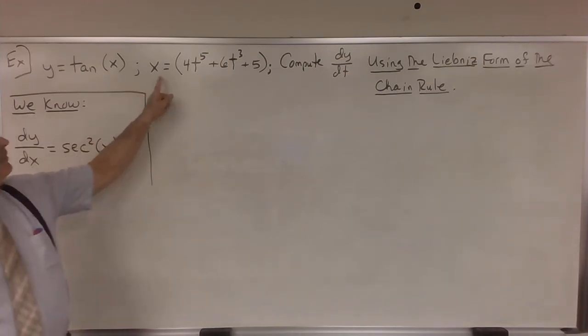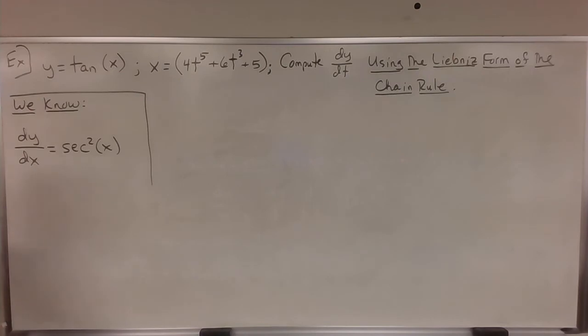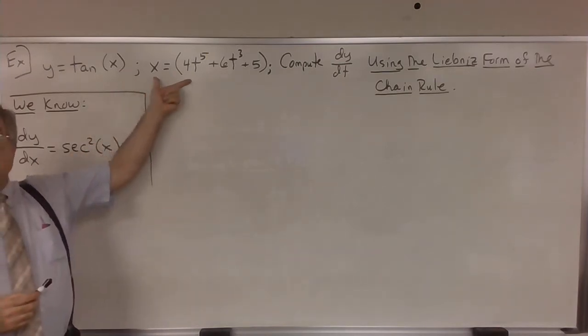Now, since x is a function of t, we can also easily deduce the derivative of x as a function of t. And the way we do that is we look at this equation and we compute the derivative of both sides of this equation as a function of t.